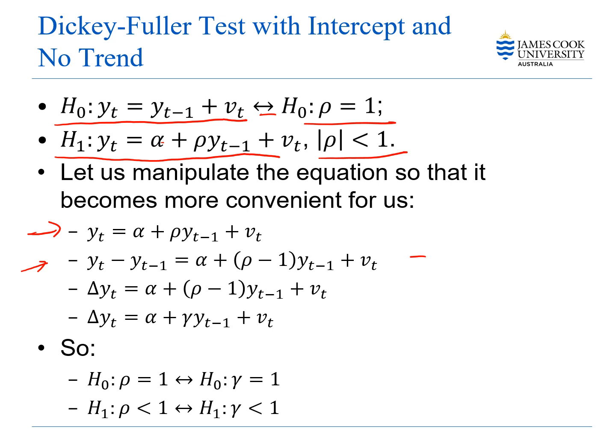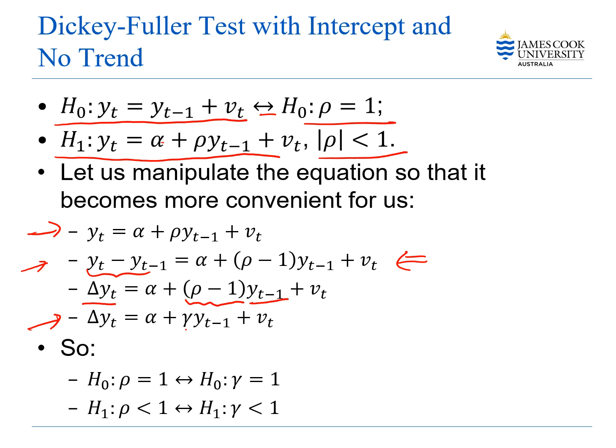We get the first difference of y_t, the change of y_t from the previous period, equals alpha plus (rho minus 1) times y_{t-1}. Now let's call this gamma. So we arrive at this equation: Delta y_t is equal to alpha plus gamma times y_{t-1} plus v_t.